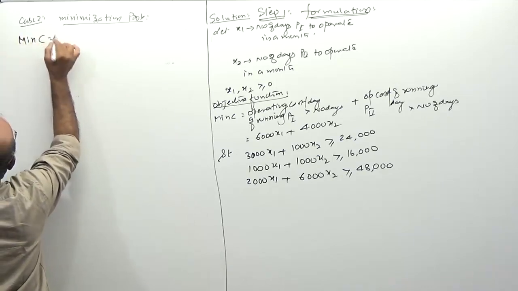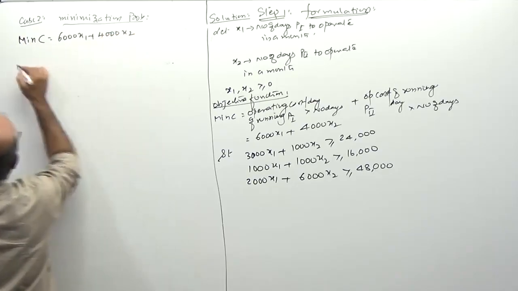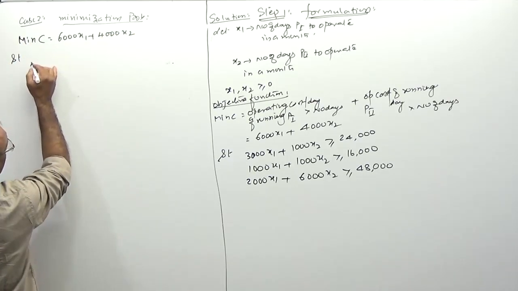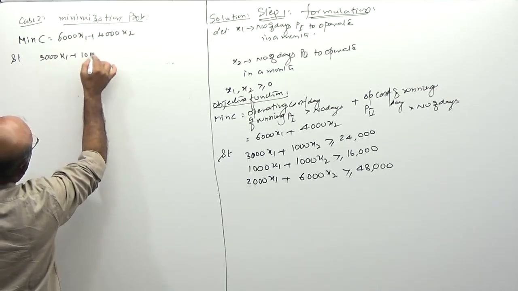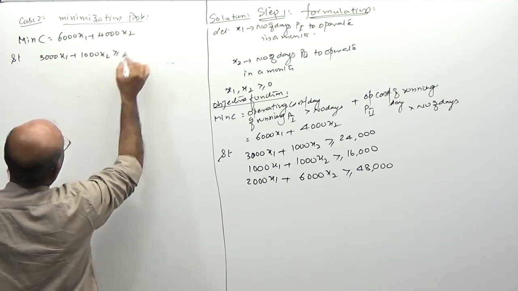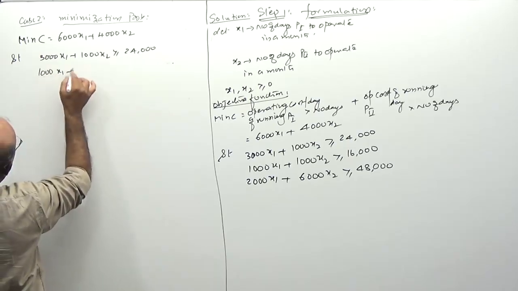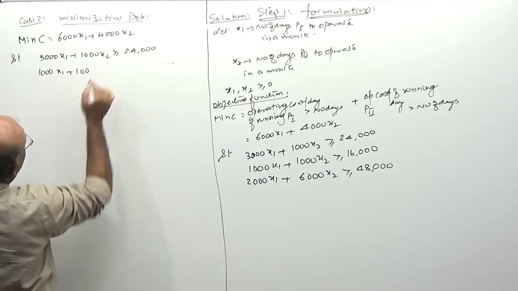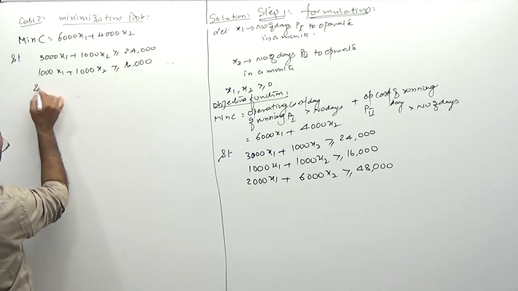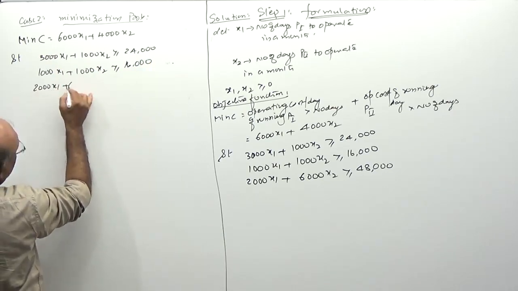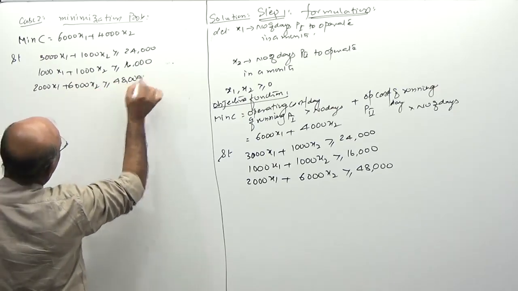Minimize cost equals 6000 into x1 plus 4000 into x2, subject to 3000 into x1 plus 1000 into x2 greater than or equal to 24,000. 1000 into x1 plus 1000 into x2 greater than or equal to 16,000. 2000 into x1 plus 6000 into x2 greater than or equal to 48,000.